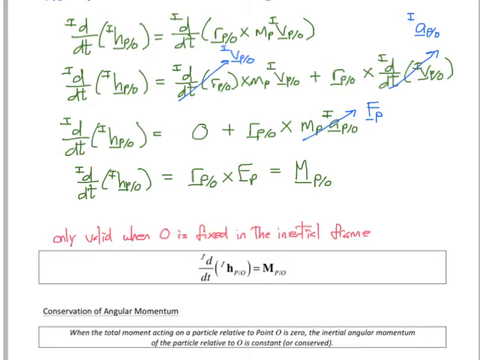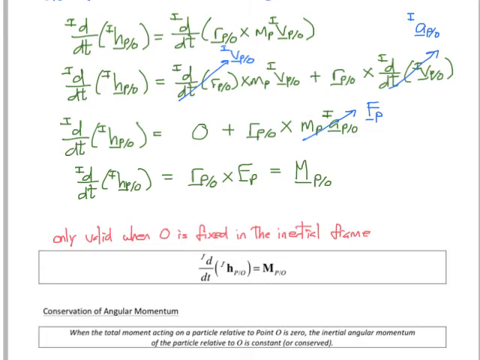The value of having this expression is that we can use it to calculate equations of motion, because this is no different than Newton's second law, but in a rotational form. F equals ma is actually buried in this expression.